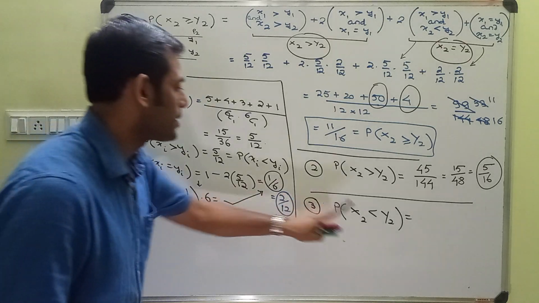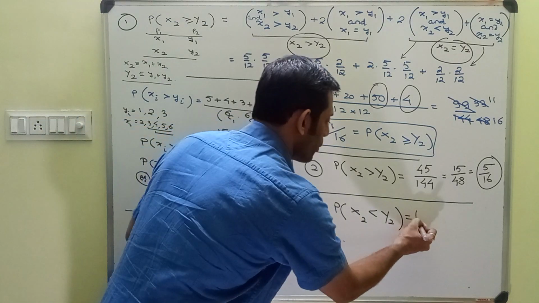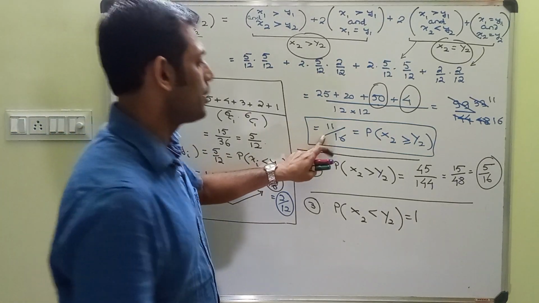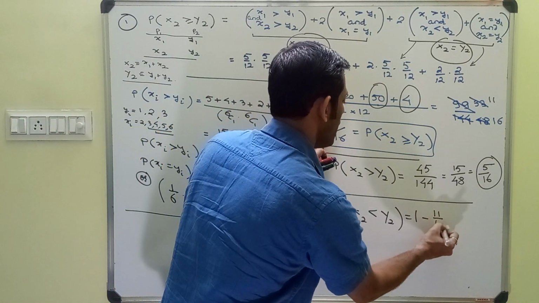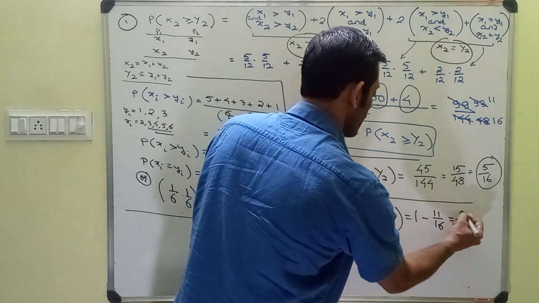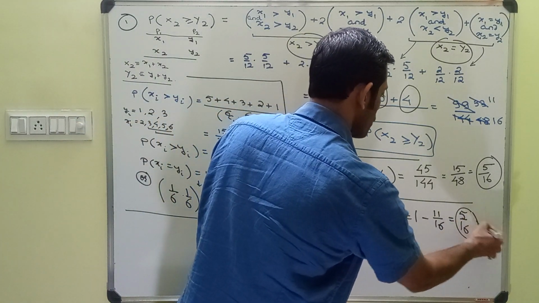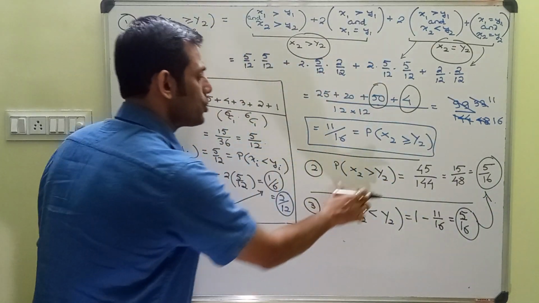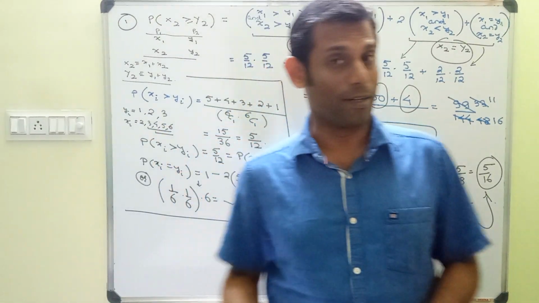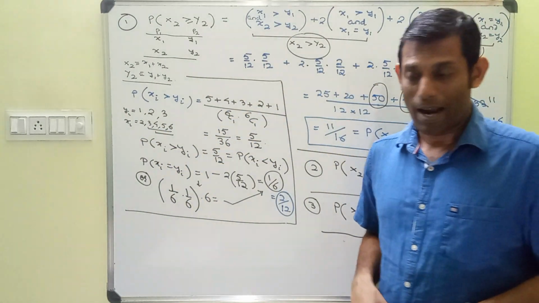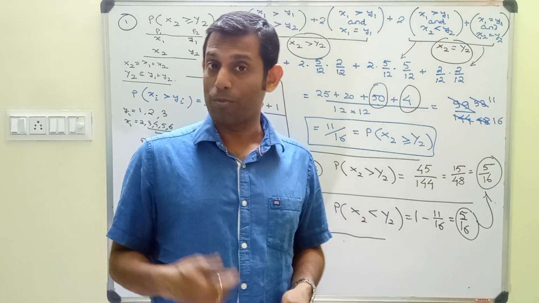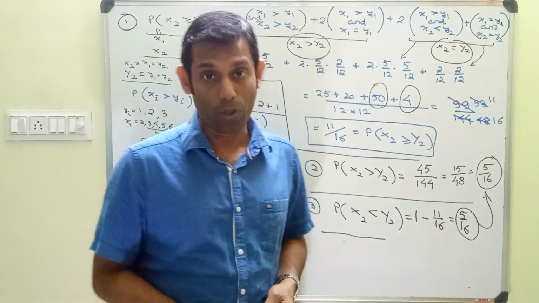The case of less than, that means from the total probability, if I remove greater than or equal to, that means if I remove 1 minus 11 by 16, how much does it bring? It still brings 5 by 16. Same answer as this. That means these two events hold equal probabilities. That means the score of P1 greater than score of P2. I mean score in terms of zeros and fives, 2 and 2s and all those things.